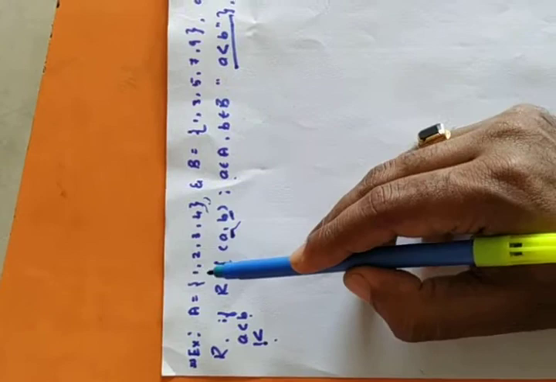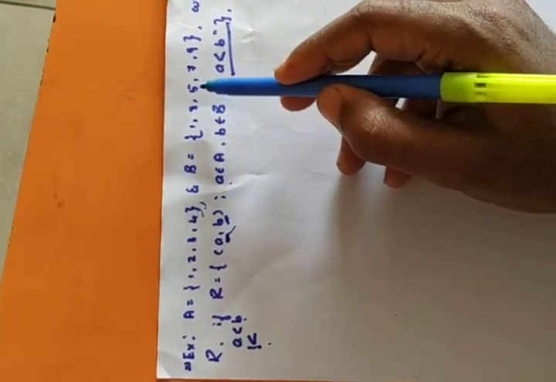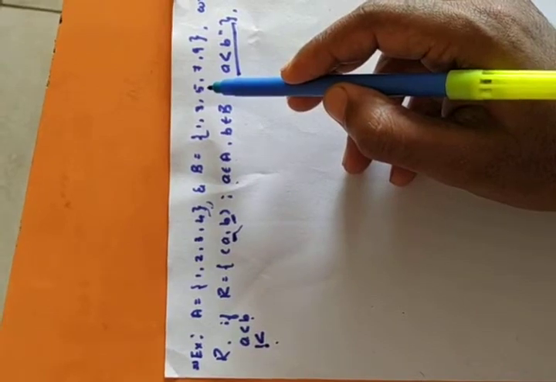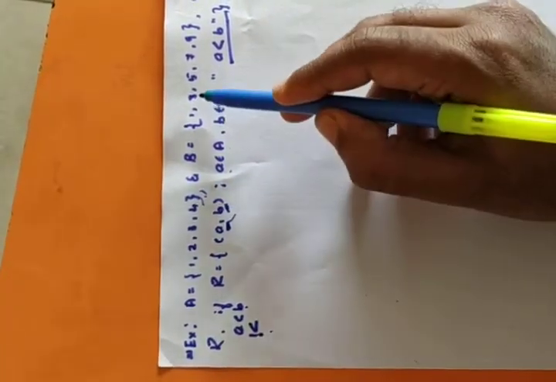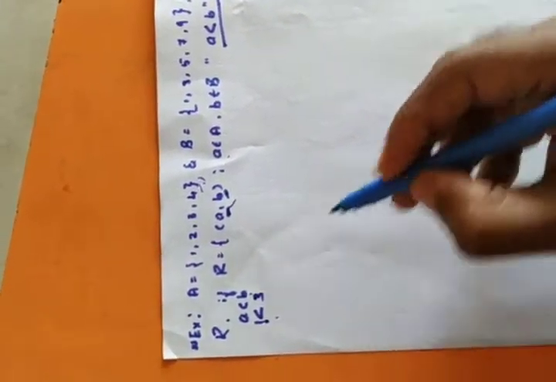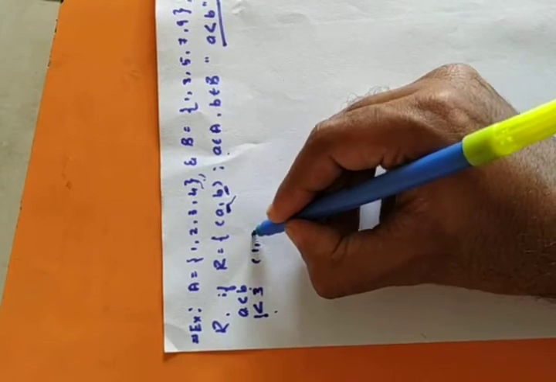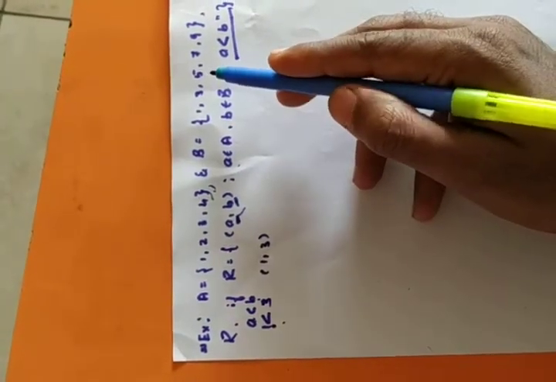Every element of set A is compared with every element of set B. I keep the first element A as 1 and compare with 3. 1 is lesser than 3. Yes, so we can write this as (1, 3). Next, 1 is lesser than 5.